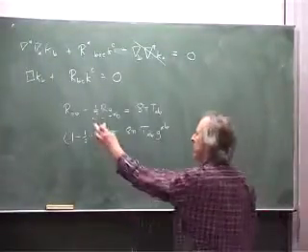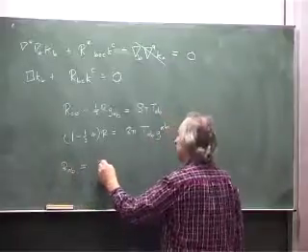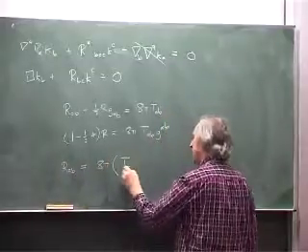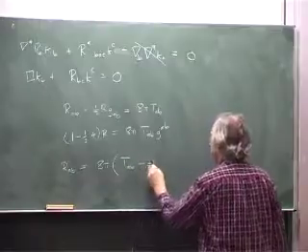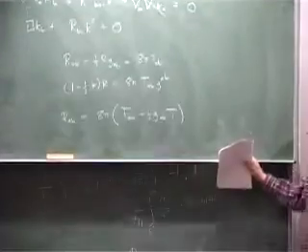So this can be rearranged as R_AB is equal to 8 pi into T_AB minus a half g_AB times the trace of the energy momentum tensor.